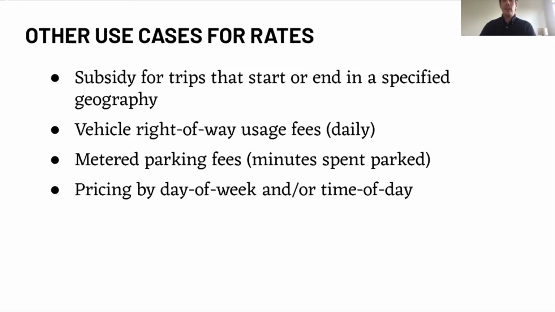And then you could specify the state as a trip end and the geos where you would want that to apply. Other use cases that you can implement here are vehicle right-of-way usage fees. So a daily fee for the space a vehicle might take up as part of the public right-of-way.